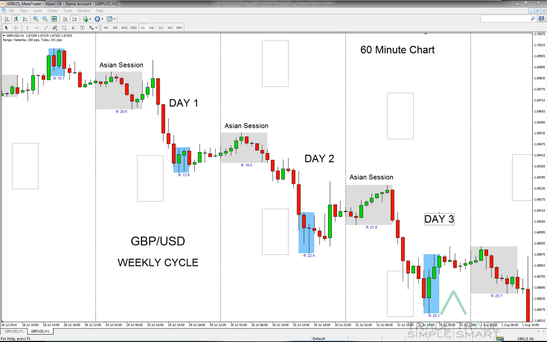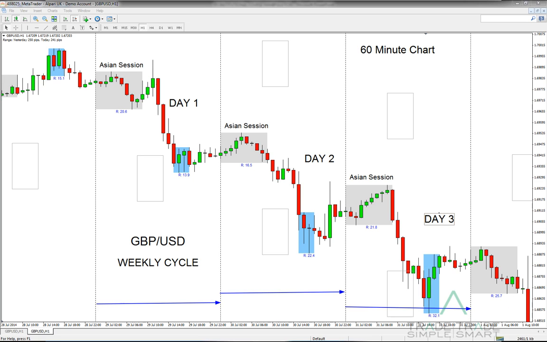Okay, so the intraday cycle, the 3 stages or legs will unfold over the course of a day. With the weekly cycle, we're going to be expecting 3 distinct phases or legs of prices rising or falling, but over the course of 2 to 3 days.